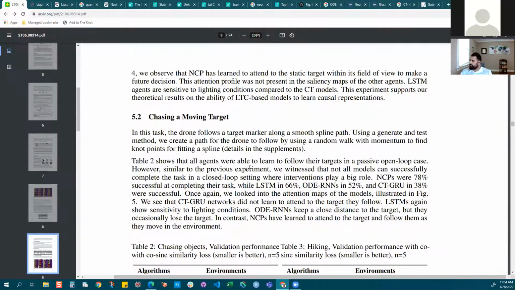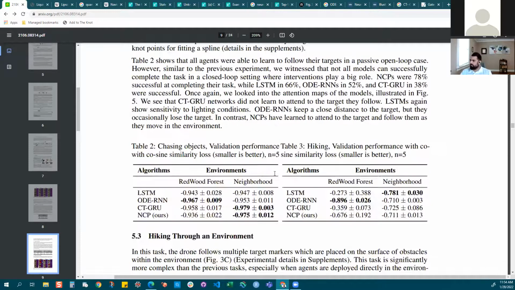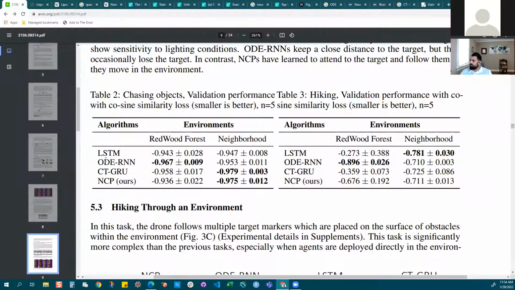And then they performed another experiment with moving targets. When the target was moving and in motion, they also see that their model performs better in neighborhood environments. This table is using cosine similarity loss.